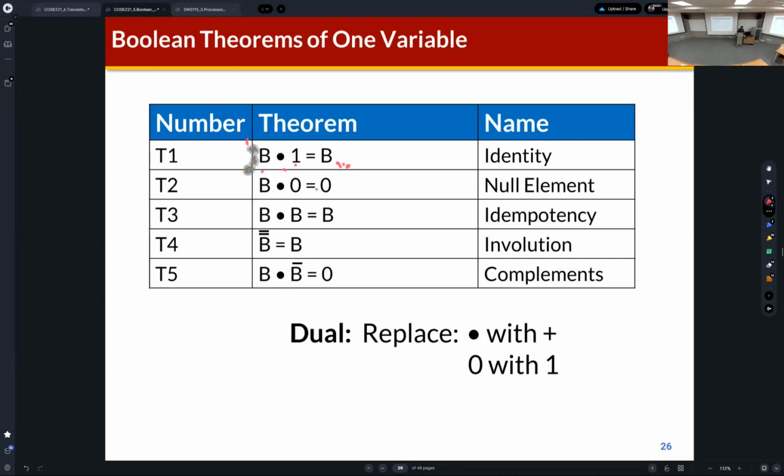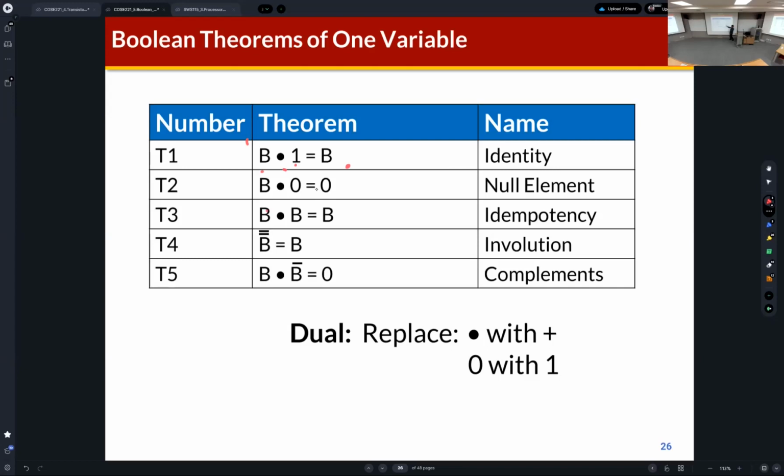And also B and 0 equals 0, right? This is called the identity, and this is the null element. And then B and B equal B. It's also obvious, right? 1 and 1 equal 1, 0 and 0 equal 0. So B and B equals B.